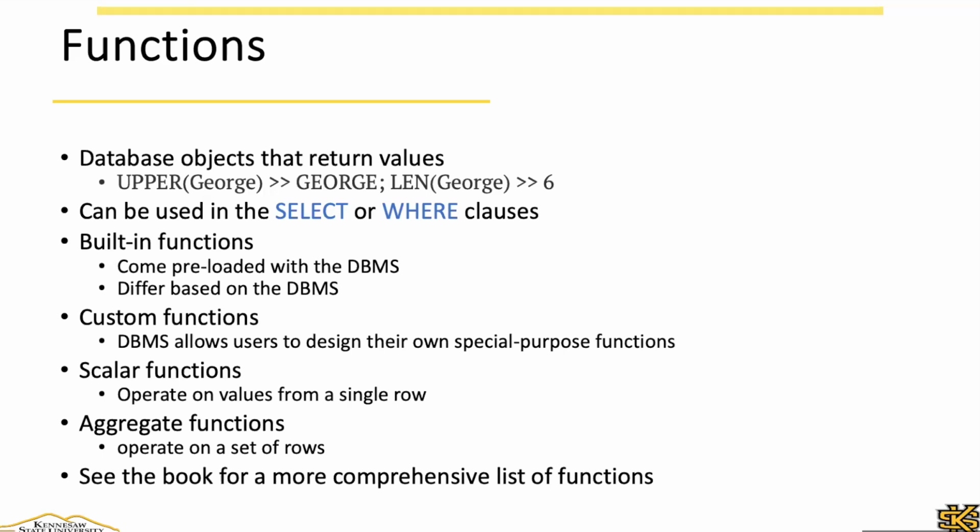Functions can also be divided into scalar functions and aggregate functions. Scalar functions operate on just individual rows, while aggregate functions work on a set of rows, such as sum, count, or average. For a more comprehensive list of common functions, especially those specific to MySQL, the one that we are using, you need to make sure to review the relevant chapter in the textbook.